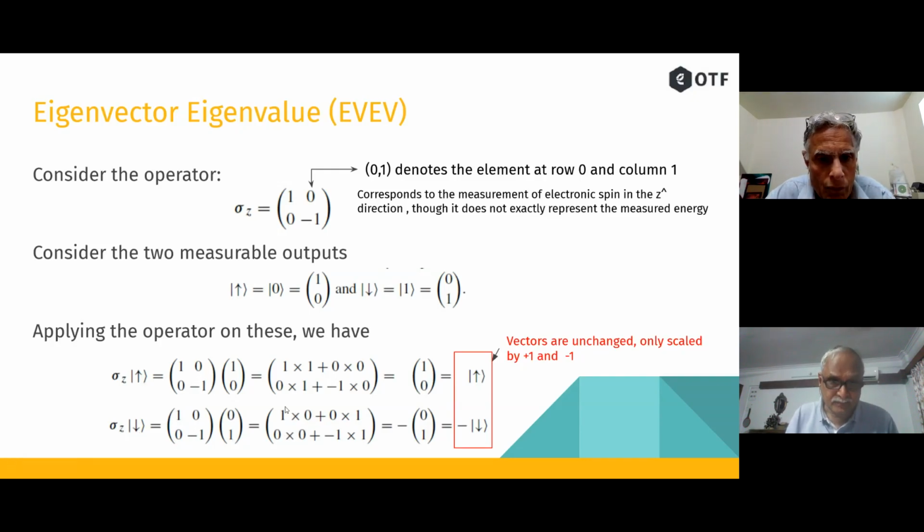If I do this matrix multiplication, you will see that the resultant would be once again the same column, except for the fact that the magnitude is different. So I can now denote this as equivalent to -1 times the same vector, right?